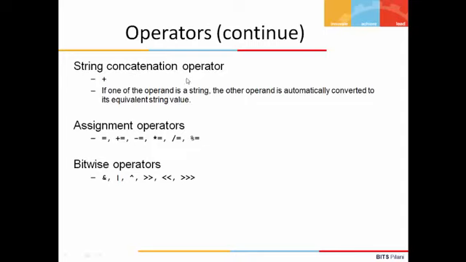So continuing with the operators, you have the string concatenation operator. We have already made use of plus, which will concatenate multiple operands into one particular string. If there are other operands which could be concatenated, then automatically they'll be converted to an equivalent string value and it will be used.